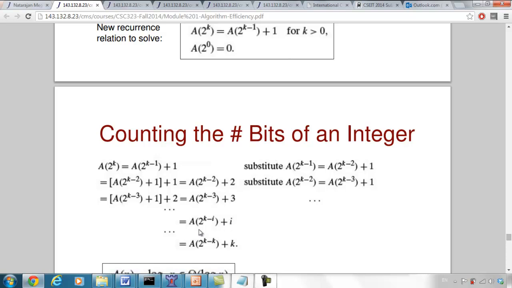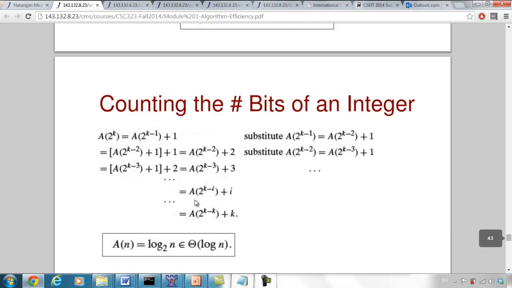Now I can go all the way up to a of 2 to the 0, right? So I can go all the way up to k. That makes it k minus k, so a of 2 to the 0. So then this will also be k. So a of 2 to the k is a of 2 to the k minus k plus k. So a of 2 to the k is a of 2 to the 0, which is 0, plus k. So essentially what we have is a of 2 to the k is k.